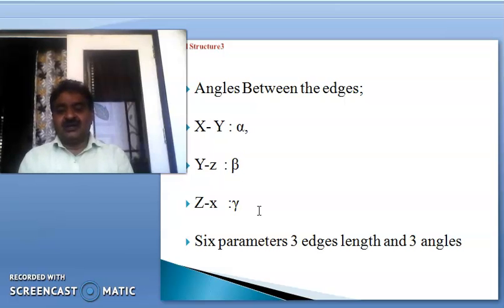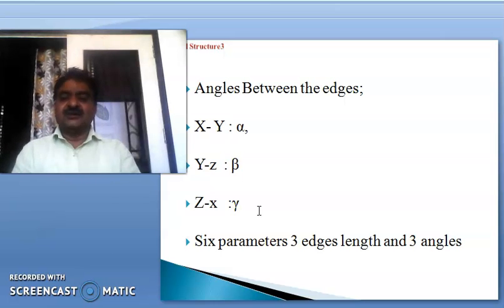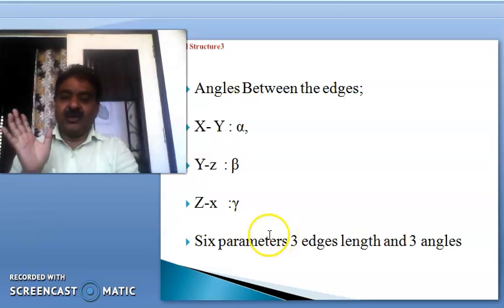So in this way there are three edges and three angles. I mean parameters are related to three edges and three angles. In all, how many parameters are there? 6 parameters. What are those? Three edges A, B, C, and three angles alpha, beta and gamma.